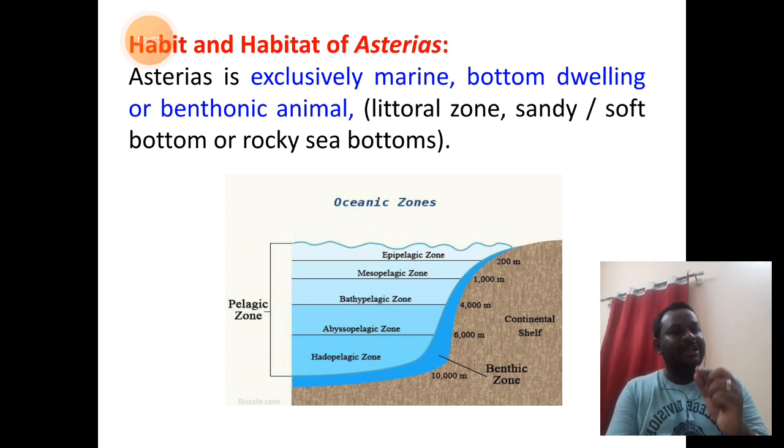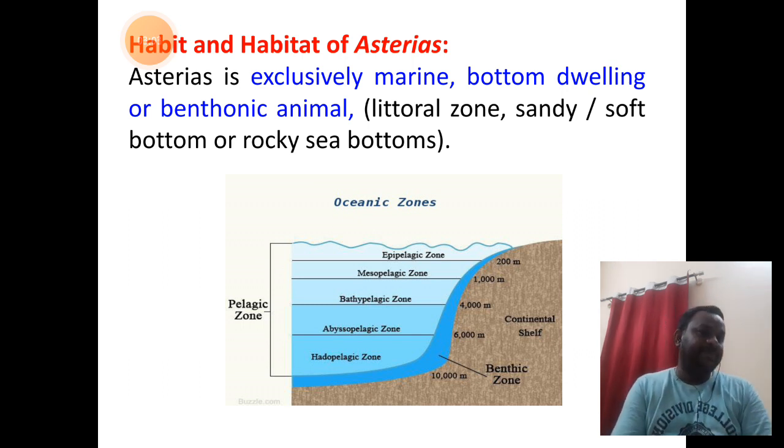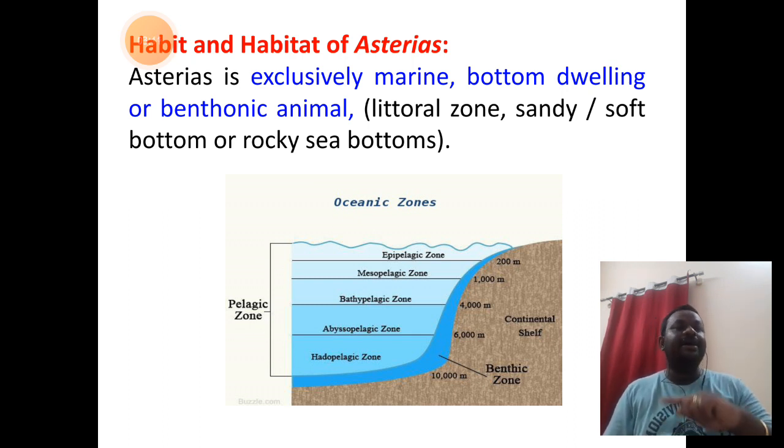This is the only phylum that includes all organisms which are present in seawater. So it is said to be exclusively marine form. Hence, Asterias is also an exclusively marine form. It is aquatic, lives in marine regions.